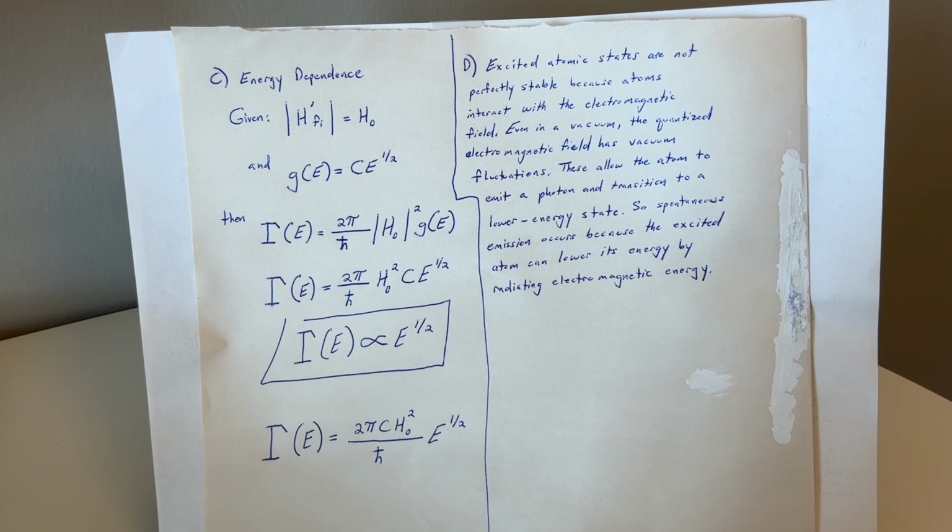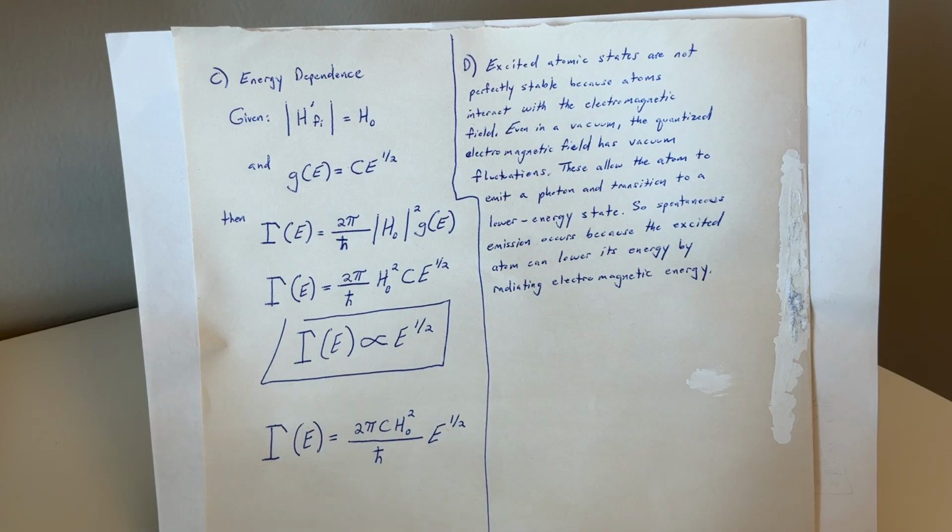Even in vacuum, the quantized electromagnetic field has vacuum fluctuations. These allow the atom to emit a photon and transition to a lower energy state. So spontaneous emission occurs because the excited atom can lower its energy by radiating electromagnetic energy.